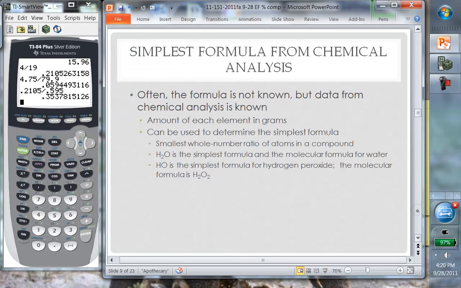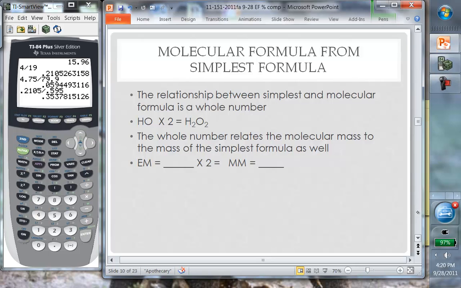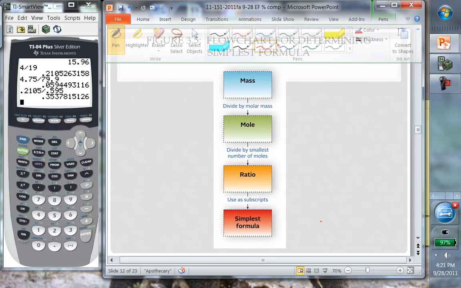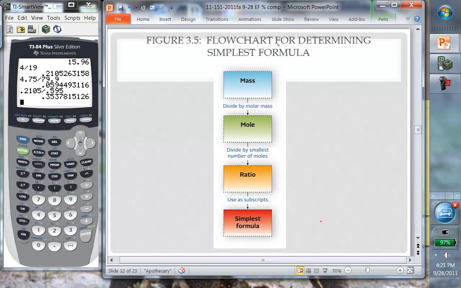Okay, so if you go to the next page in your book, and this might be 40 in the handout section, you will see an example of using this. And we will actually be using something pretty similar to the flow chart that is figure 3.5 in your book. We will take the mass or the percent composition, and we will divide that by the molar mass to get moles, and this will actually give us a ratio, but it will usually be a little messy.